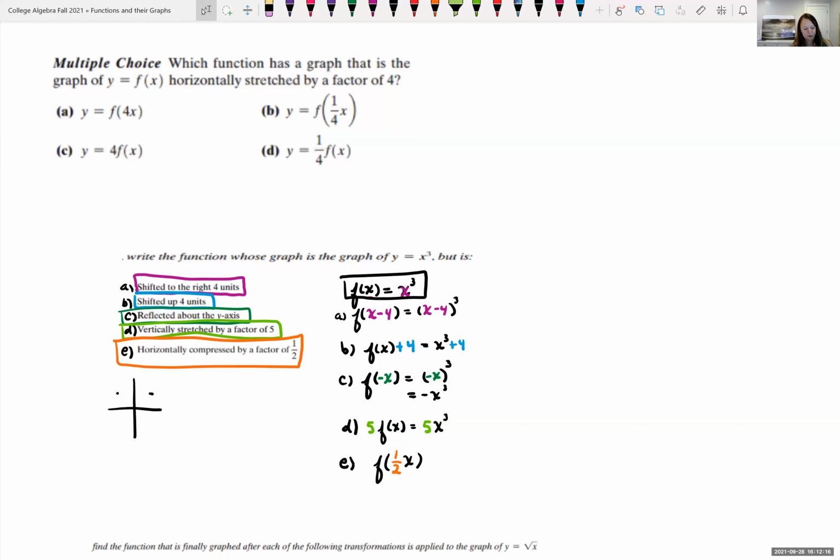Okay, so we're coming back from break, but I did say I'd come back, and I was questioning this one problem and I was off. I had mentioned before, if we are doing something to our x value inside the function, it was opposite. So if we want to horizontally compress by a factor of 1/2, we're multiplying our x value by 2.